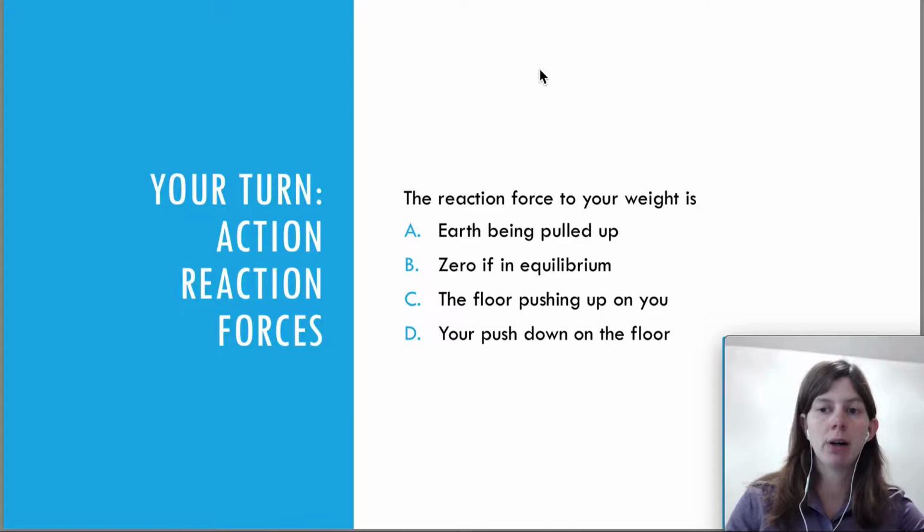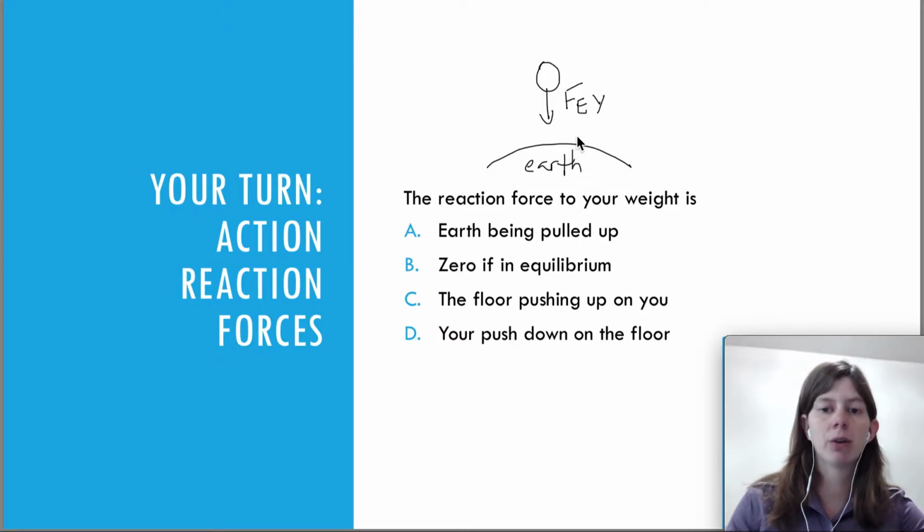If you're over here, I'll just draw you as a ball, and you have weight, remember, well, maybe you don't know this yet, but you'll learn soon. The weight is due to Earth pulling on you. This is the Earth here. So your weight is the force from the Earth pulling down on you.